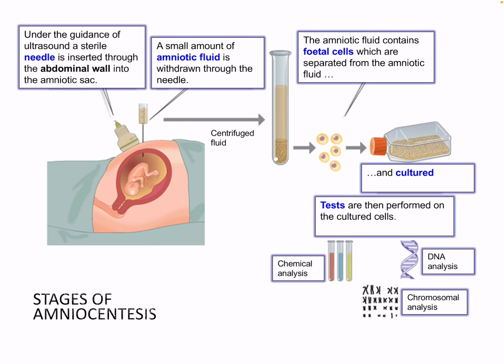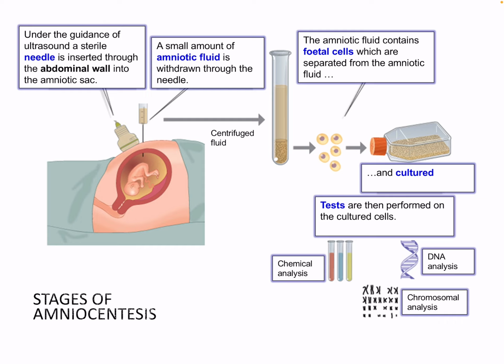Okay, so this shows a little bit more detail. So the doctor will use the ultrasound to guide the insertion of a needle through the abdominal wall into the amniotic sac. A small amount of the amniotic fluid is withdrawn through the syringe.